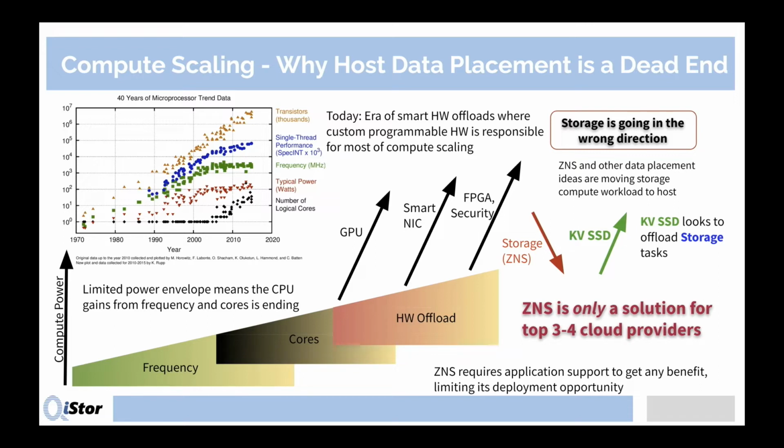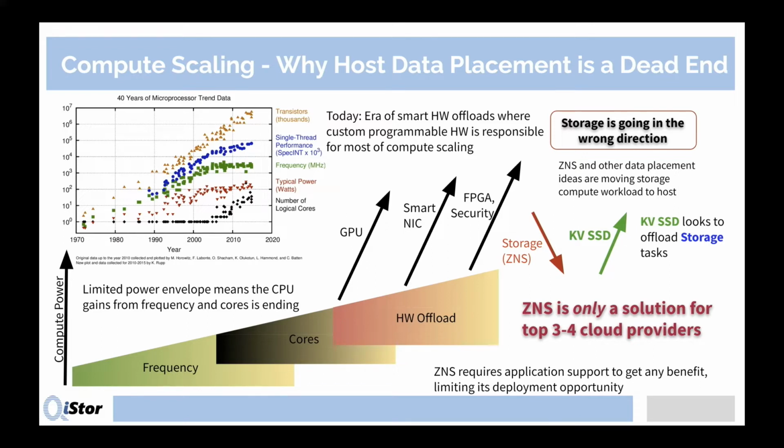So today, we're really in the era of smart hardware offloads. And some of these are pretty obvious. GPU, so a lot of machine learning algorithms are moving onto the GPU. We have smart NICs. We have custom security instructions. We have FPGAs. We're seeing more and more FPGAs going into data centers.